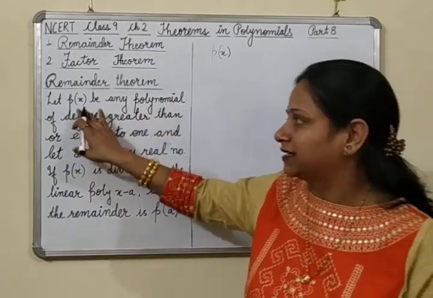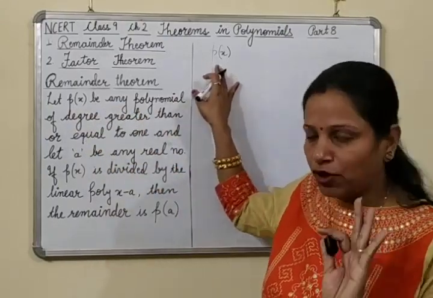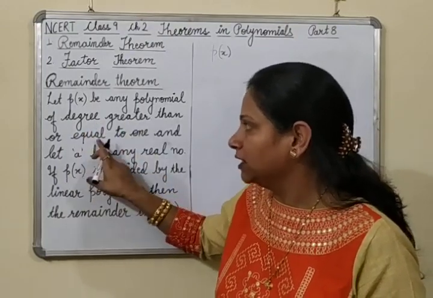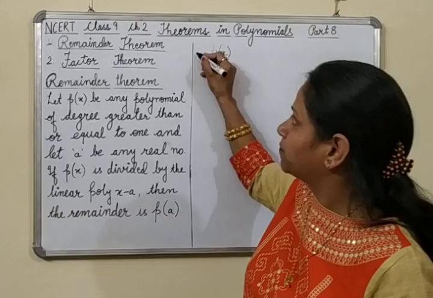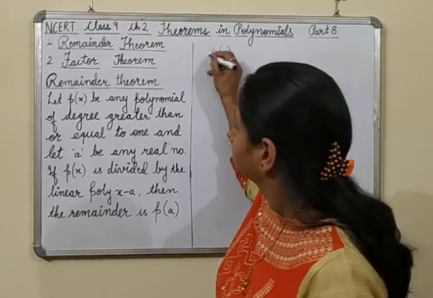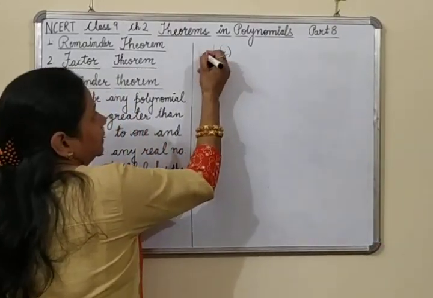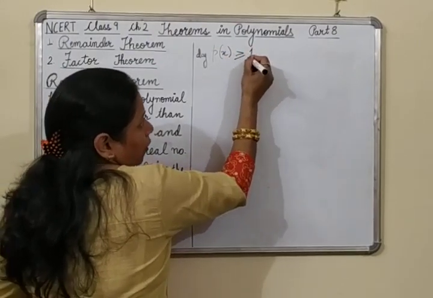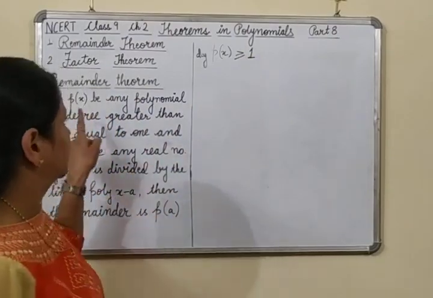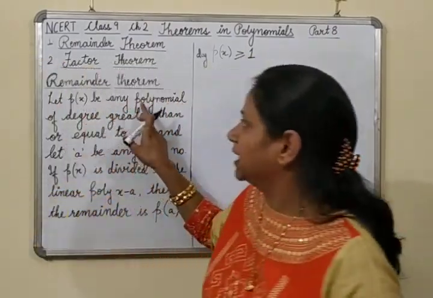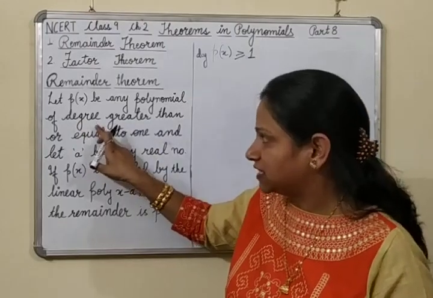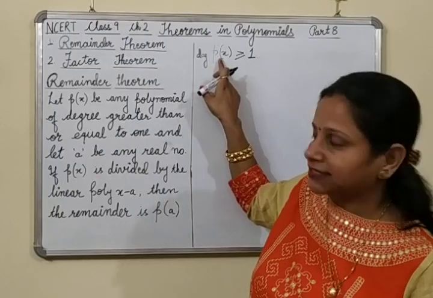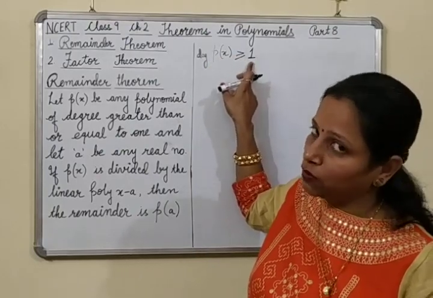So let P(x) be any polynomial of degree greater than or equal to 1. Just see once again: let P(x) be any polynomial of degree greater than or equal to 1. Degree of P(x) is greater than or equal to 1.